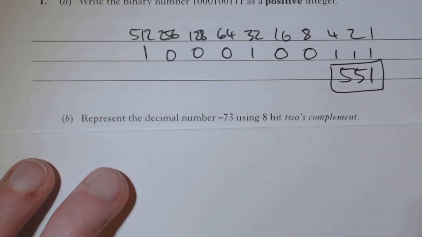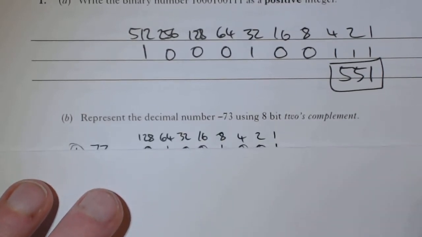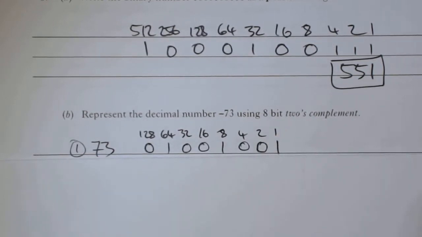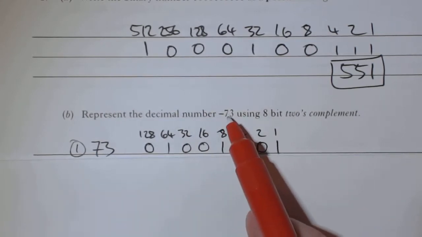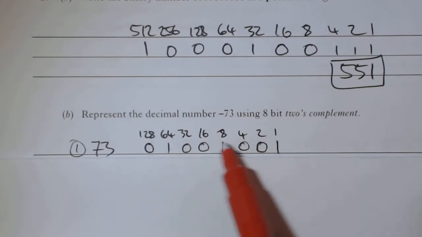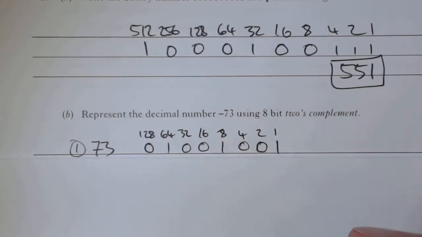Now this is representing a decimal number and using 8-bit 2's complement. So remember, the first thing you do, there's 3 stages to it. The first thing is you find the binary of the positive version of this. So this is 73. Okay, so this is the byte equivalent of 73.